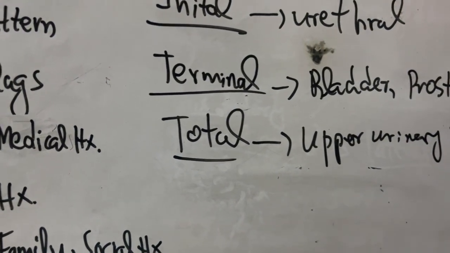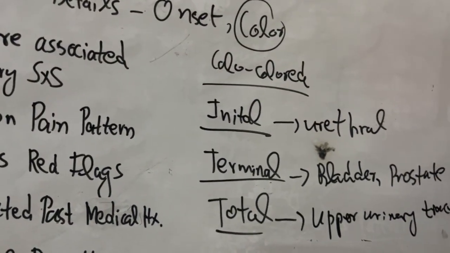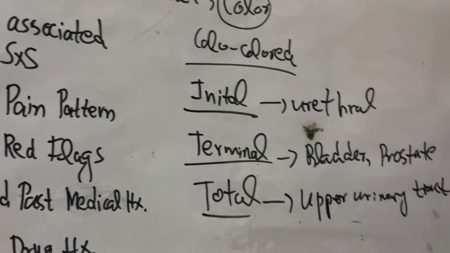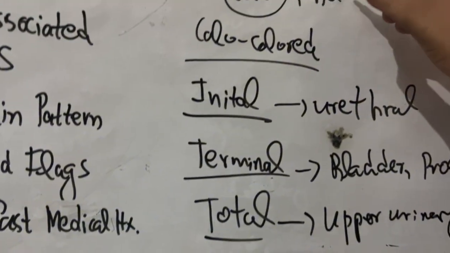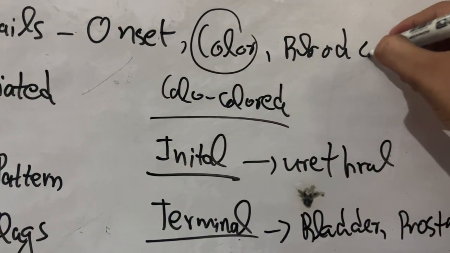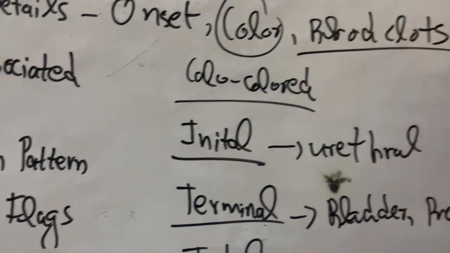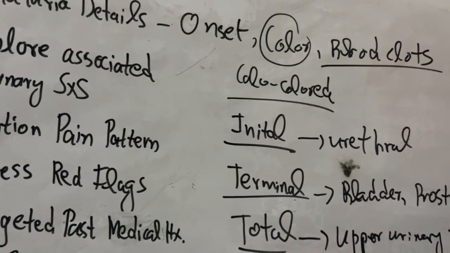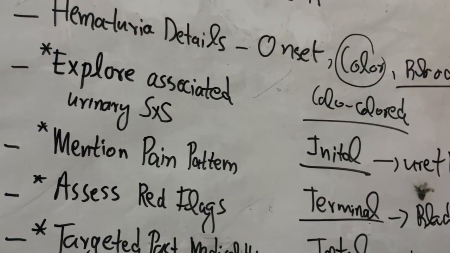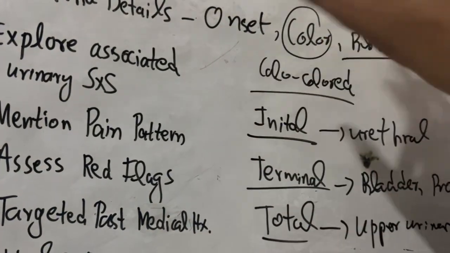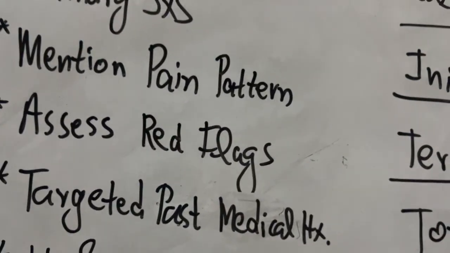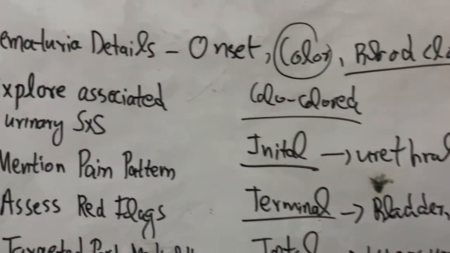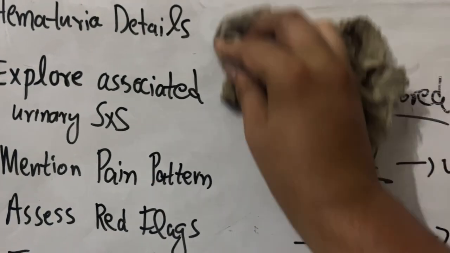We will also ask if there are any blood clots present in the hematuria. So in the hematuria details we will ask about these questions to rule out some of the differentials. This is about the hematuria details.